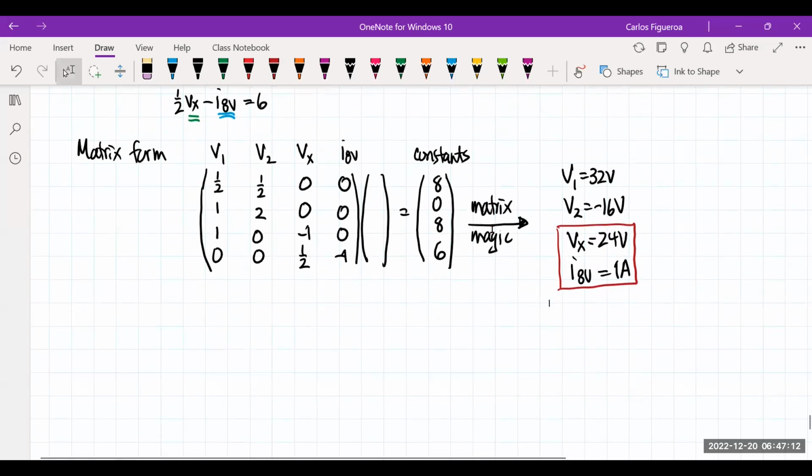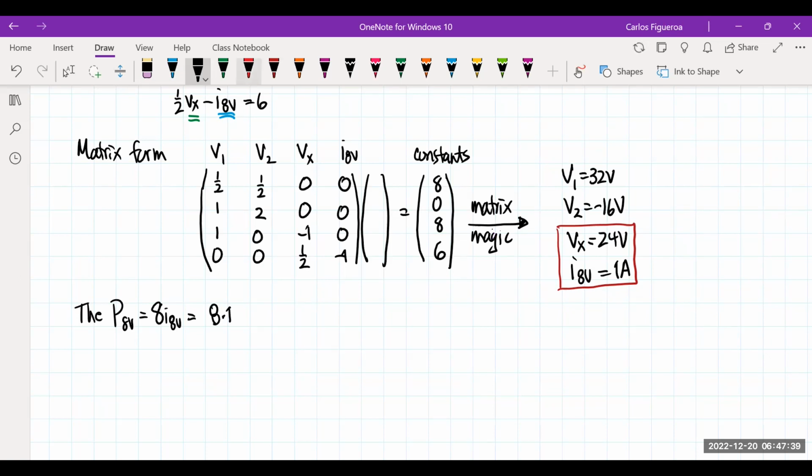So now let's go find out. I need the power. The power of the 8-volt source should be 8 times I 8 volt. Note that this tells me that I 8 volt is positive. Because of that, it should be 8 times 1.